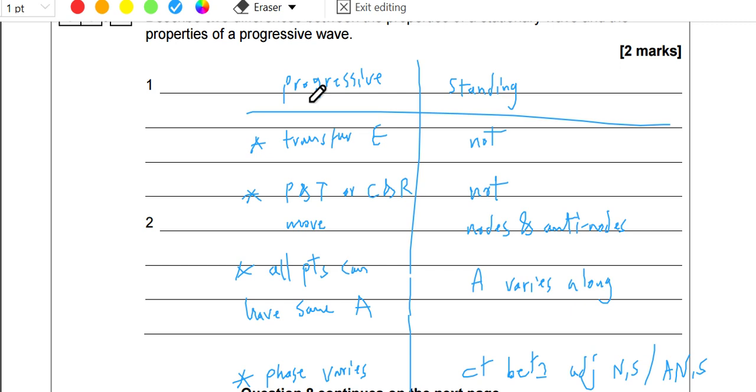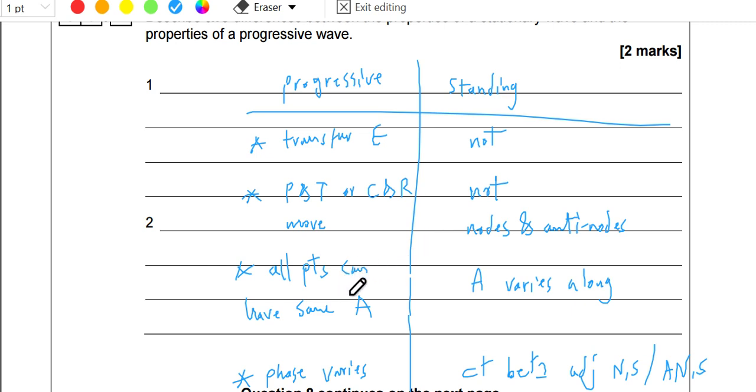Progressive and stationary waves: progressive waves transfer energy, stationary do not. Progressive waves have crests and troughs, or compressions and rarefactions, that move, but standing waves do not. They only have nodes and antinodes.